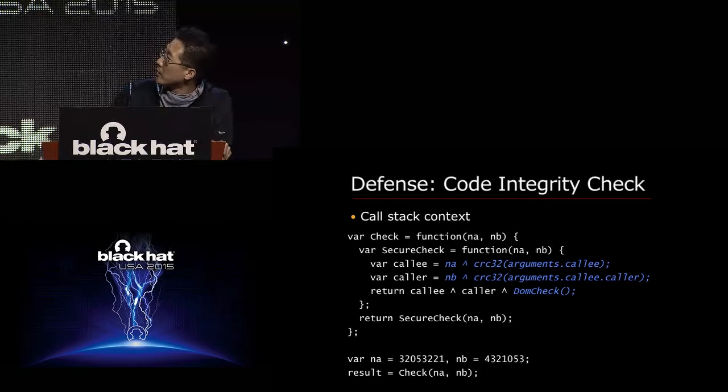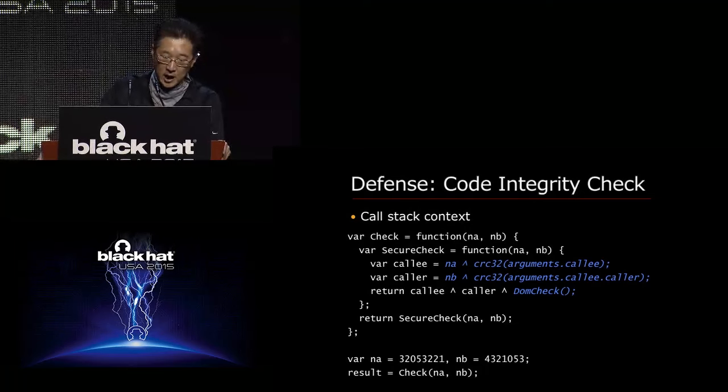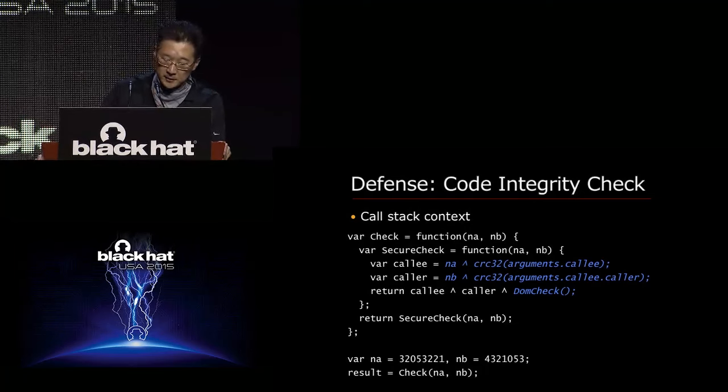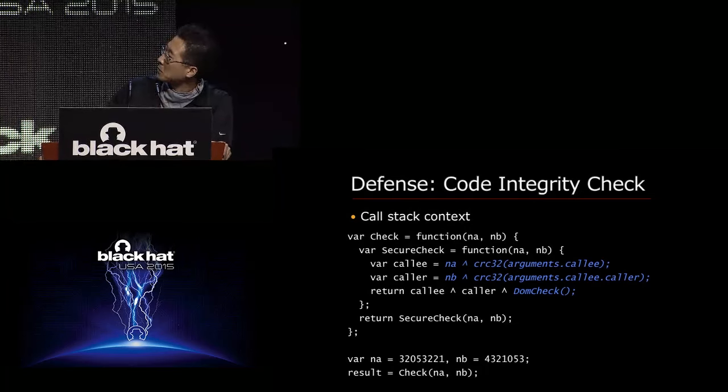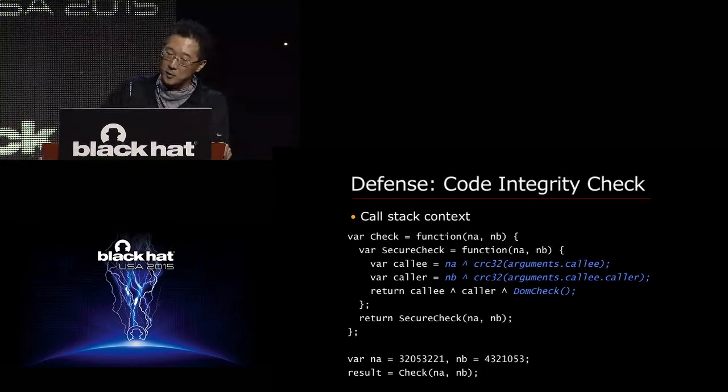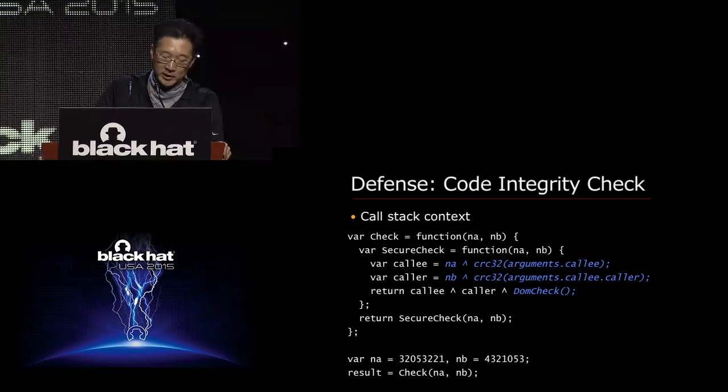The lines just highlighted in blue are the lines that actually get the CRC of the actual function source code, and combine those with the random number.